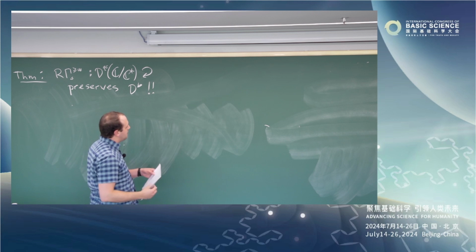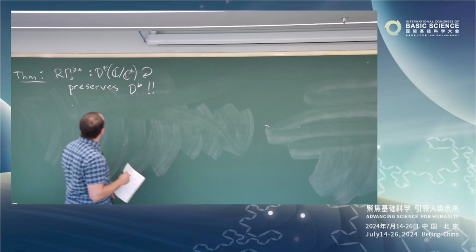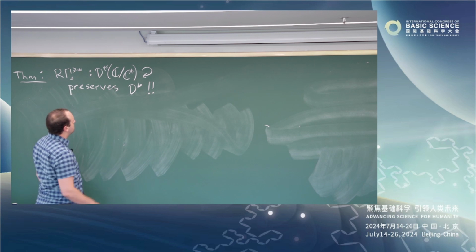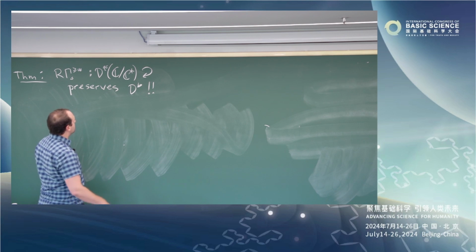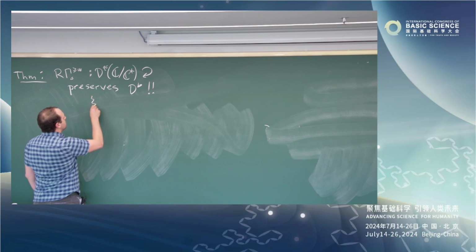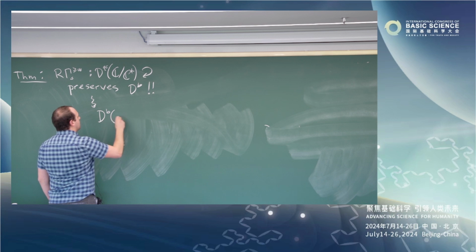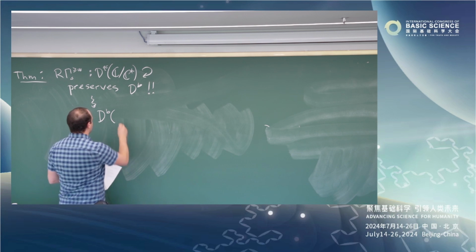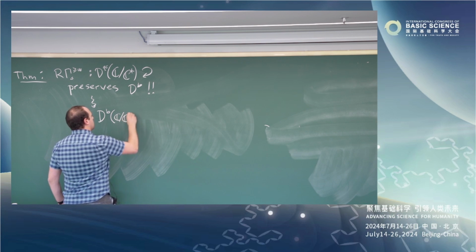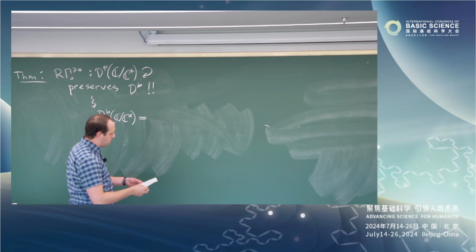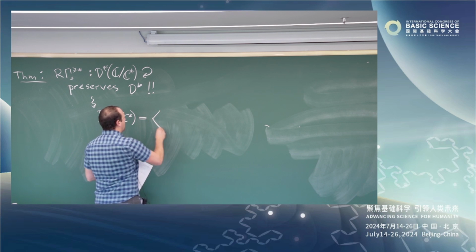That somehow is the key that gets this whole story started, that you have a substitute for the local cohomology functor. In particular, what it leads to is a decomposition of DB.